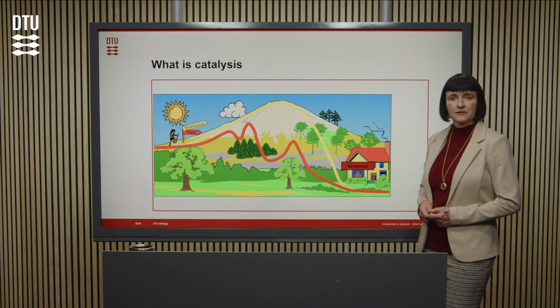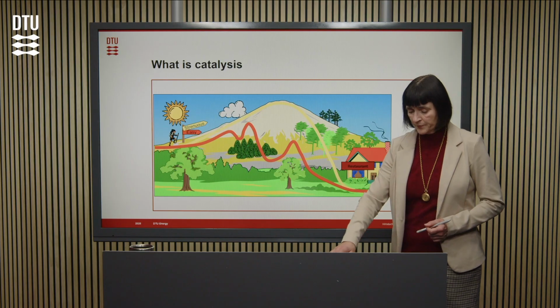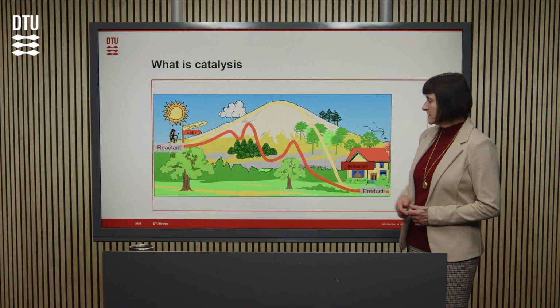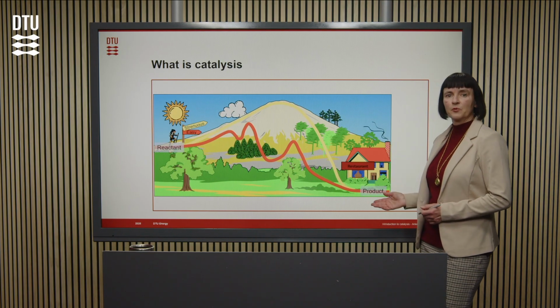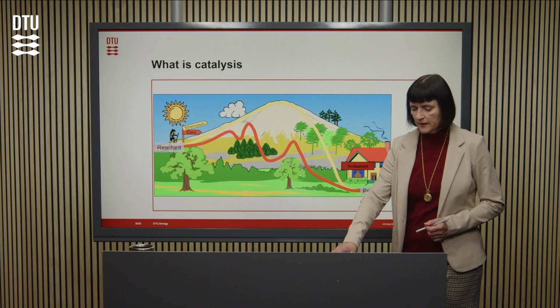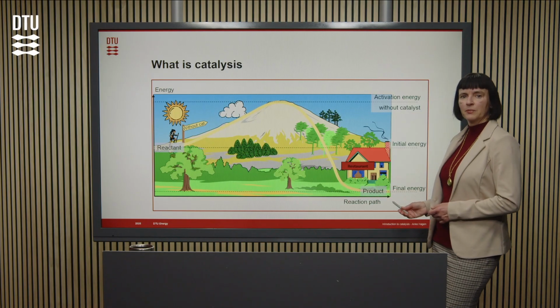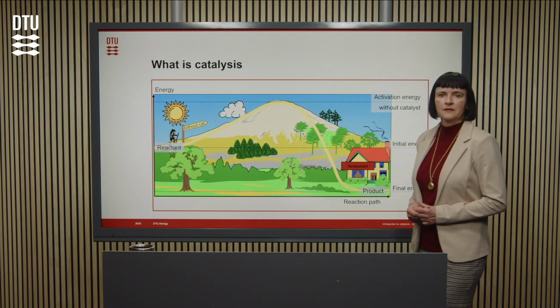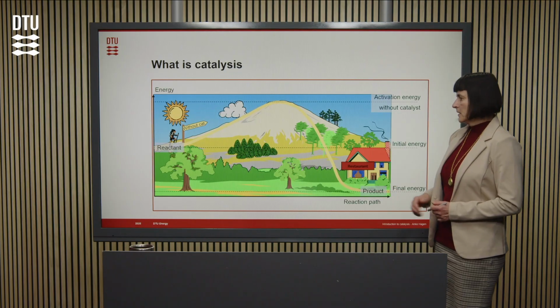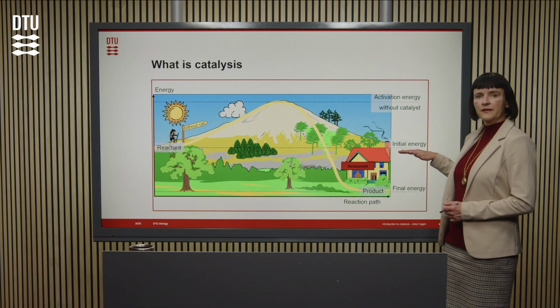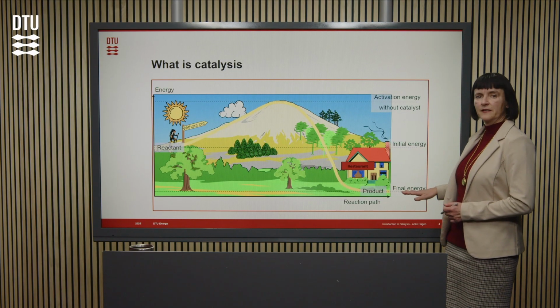And that we actually can translate to catalysis. The hiker is the reactant, and the restaurant is the product you would like to obtain. And then you can draw an energy diagram. So here you have the reaction path and the energy on the vertical axis. You are starting from your initial energy, and you would arrive at the final energy.